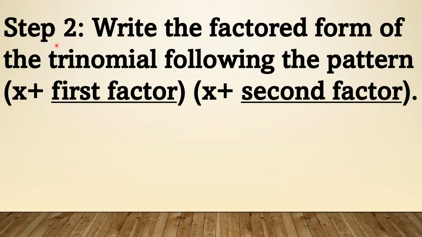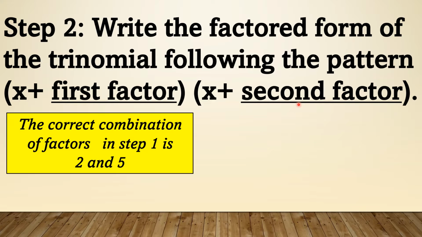Step 2, we are going to write the factored form of the trinomial following the pattern quantity of x plus the first factor times quantity of x plus the second factor. So the combination of factors in step 1 is 2 and 5.